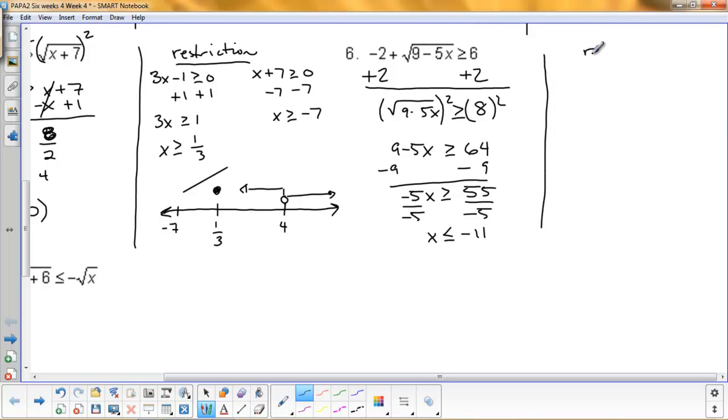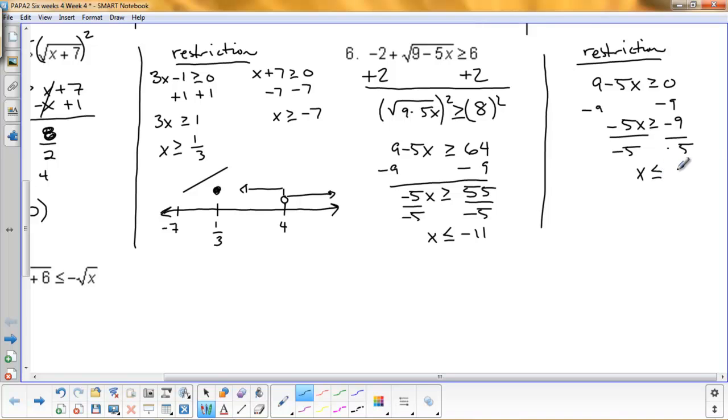The restriction occurs 9 minus 5x must be greater than or equal to 0. Negative 5x greater than or equal to negative 9. Divide by negative 5. X is less than or equal to 9/5.